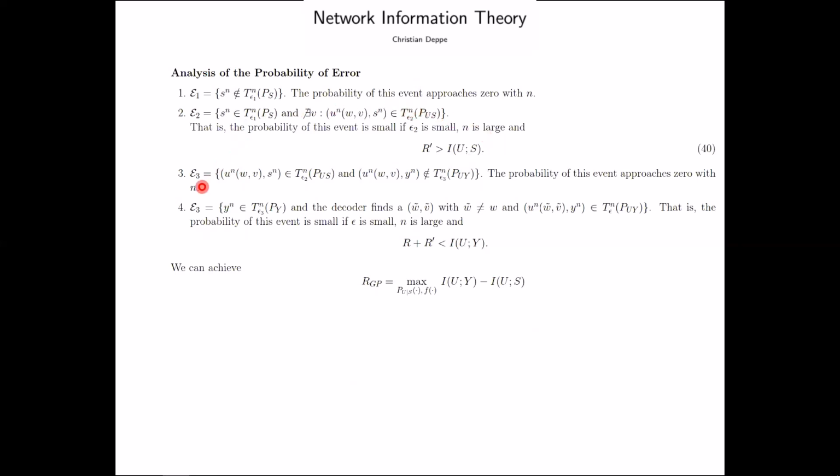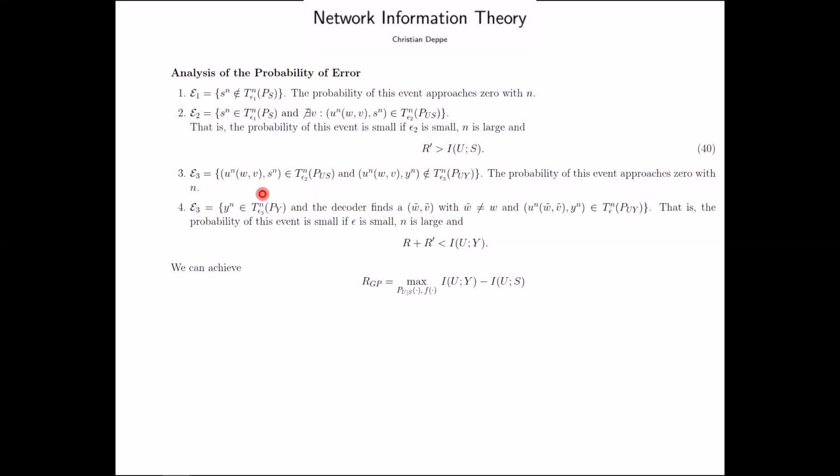The third event is if the codeword u^n and the state sequence are jointly typical, but u^n and y^n are not jointly typical. But there we show by the properties of typicality that this event also approaches 0 as n goes to infinity.